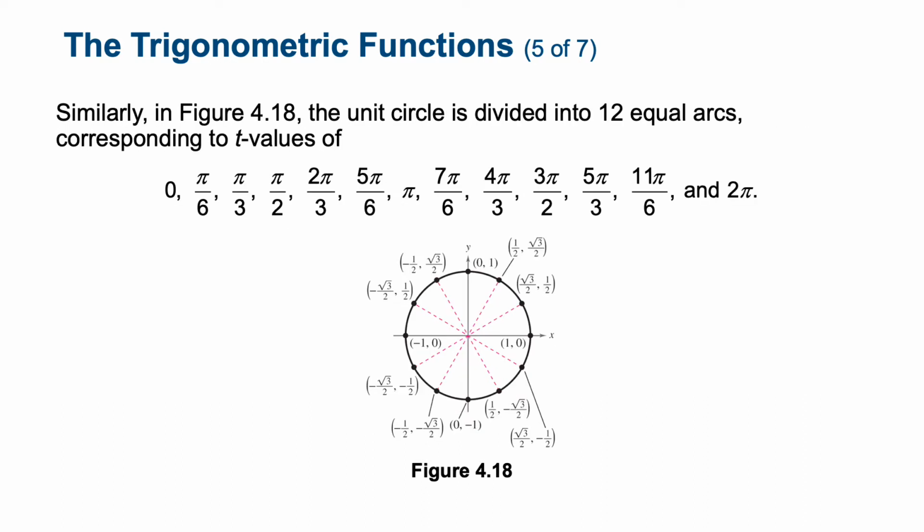So now here are some other famous ones. If you divide it into 12 arcs, you can have 0, pi over 6, pi over 3, pi over 2, 2 pi over 3. Notice that pi over 6 and 5 pi over 6 are basically reflections of each other across the y-axis, okay?